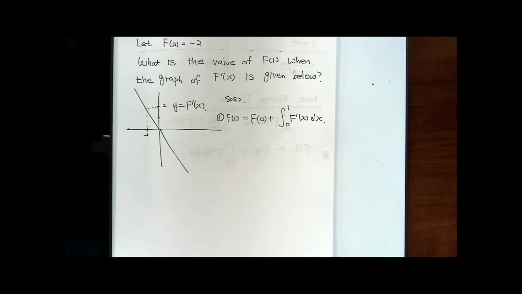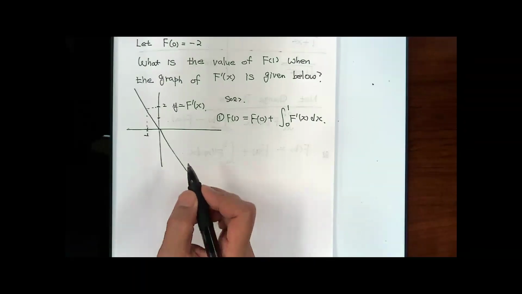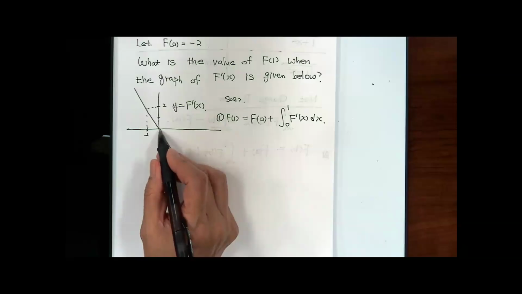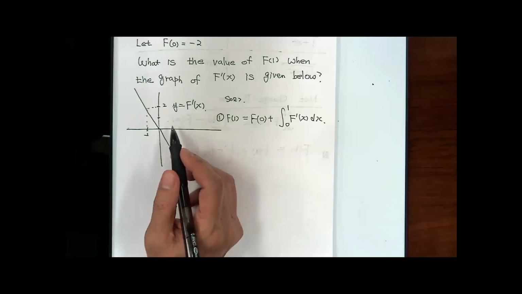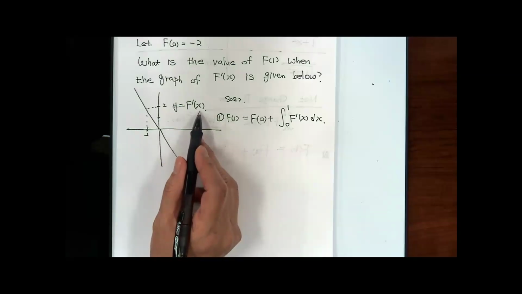So what should you do? We have to think about the equation of f prime of x that is given with a graph that passes through 0. So what's important will be identifying the slope, and then we will get the equation of the function f prime.